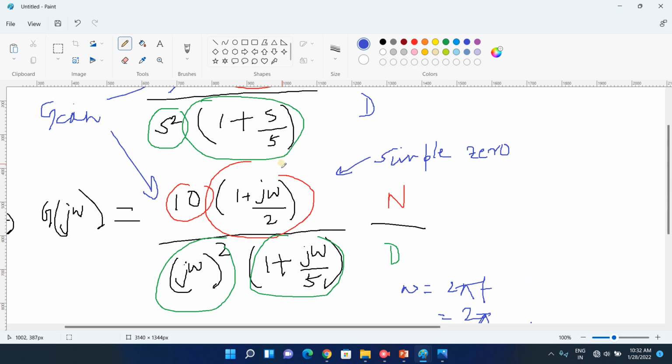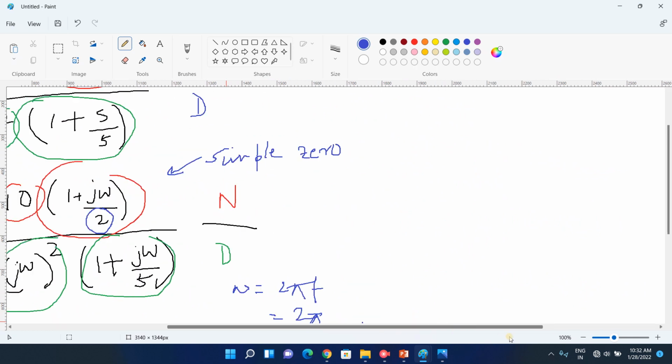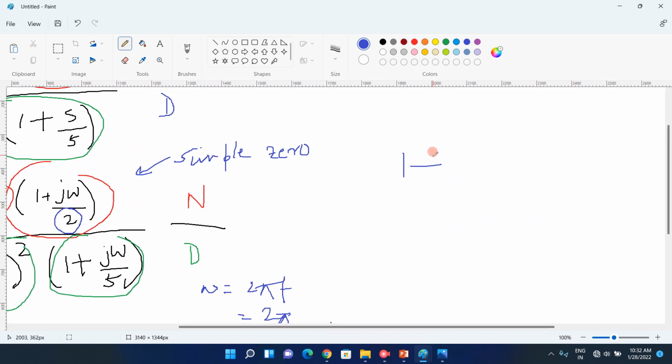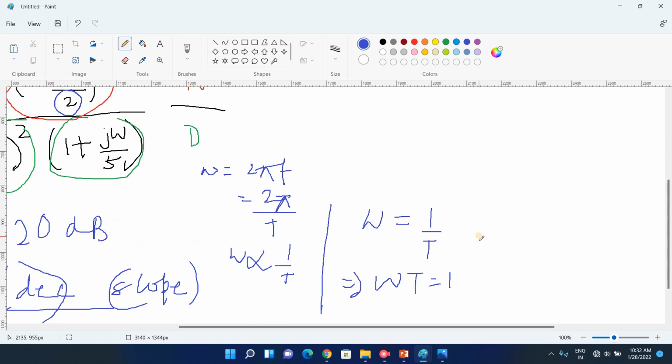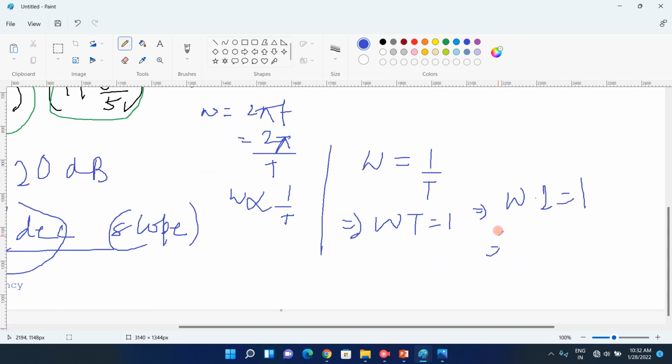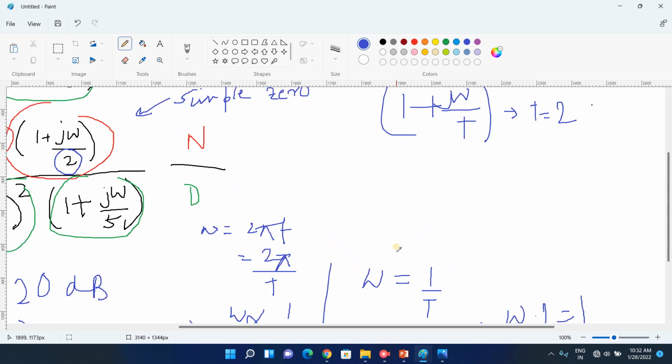So what is T? This is the T. 2 is the T over here. So in our case it is 1 by j omega by T, where T is equal to 2. So omega into 2 equals 1, that is omega equals 1 by 2. It is 0.5.